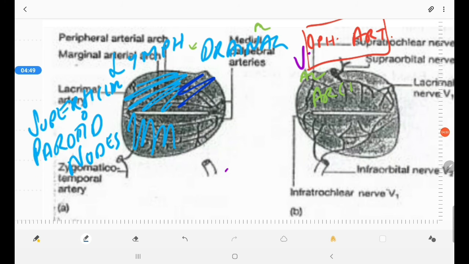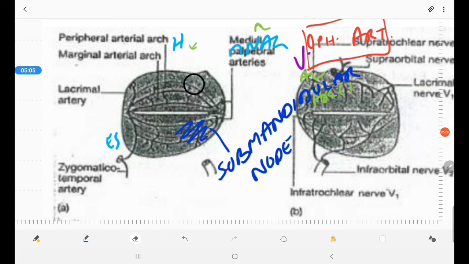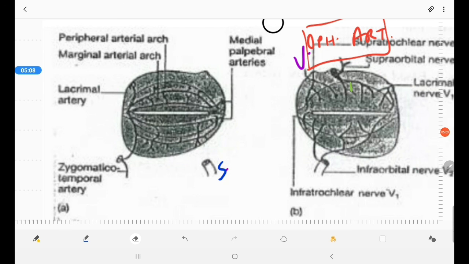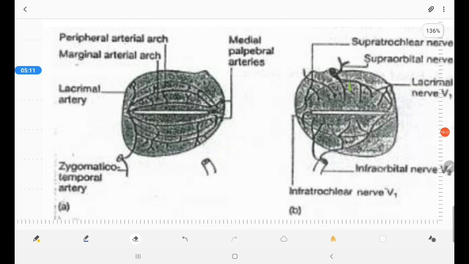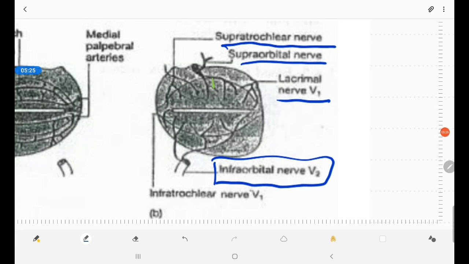The medial aspect drains into the submandibular node. Now, with respect to the innervations, the superior part is supplied by the supratrochlear, the supraorbital and the lacrimal nerves. The inferior lid is supplied by the infraorbital nerve and the infratrochlear nerve.